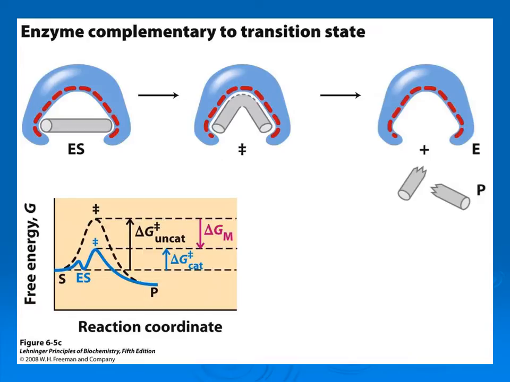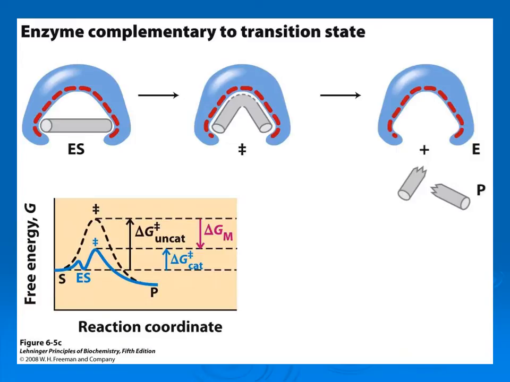I mean, it still can, but what the binding site of the enzyme does best is it makes it happier for the transition state. Then you can already imagine this is bound, but now it makes it even easier to bend, so you're halfway there already. In doing so, it makes it easier to break.